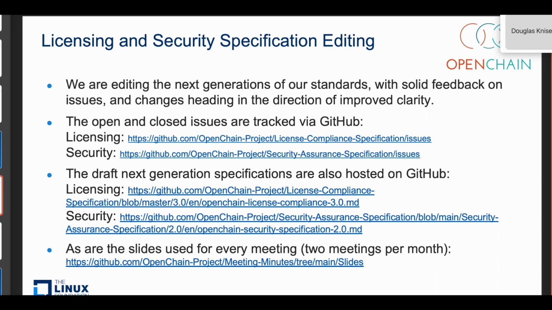While we have an ISO standard for license compliance in market, and we're just about to launch our ISO standard for security via ISO, it's already out as a de facto standard, we're already building the next generations of these standards, and we're doing it in the public.